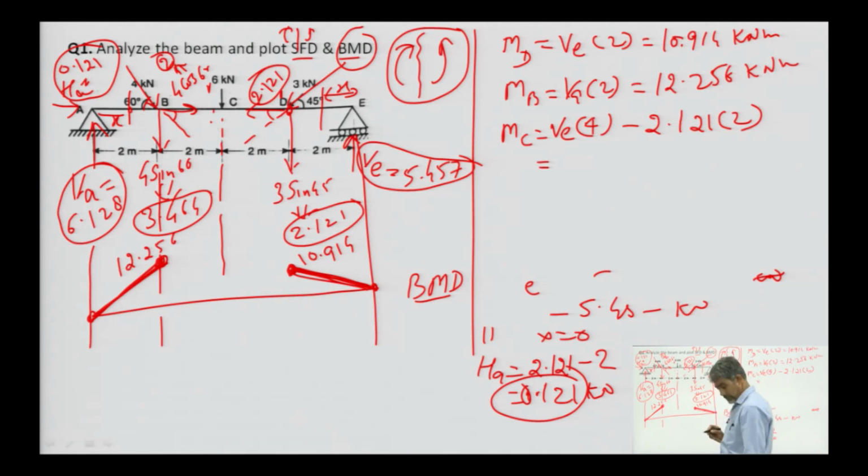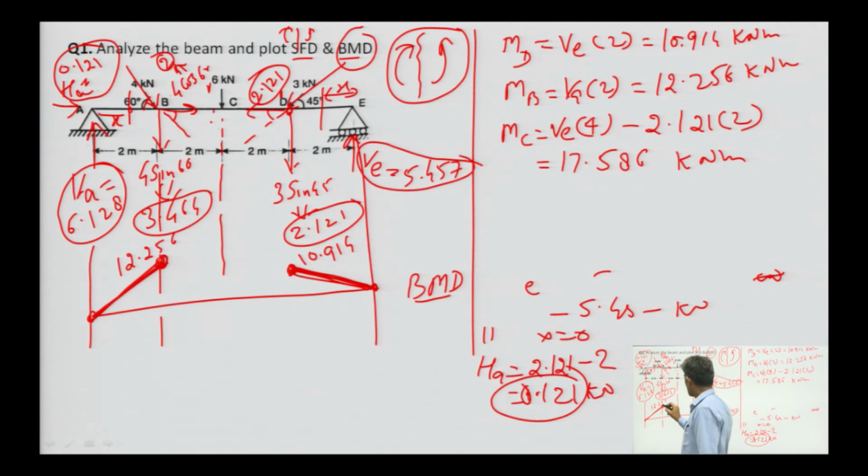VE into 4 means 5.457 multiplied by 4, okay, minus 2 times 2.121, and that is coming as 17.586 kilonewton meter. This is the value of the bending moment at point C.